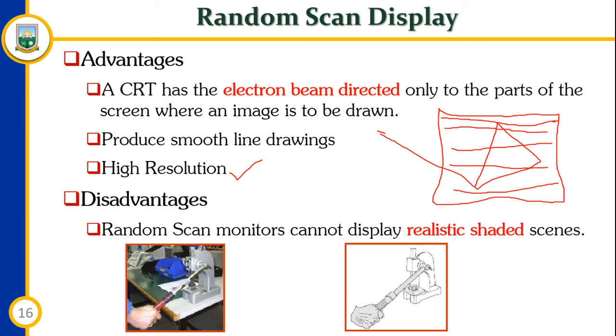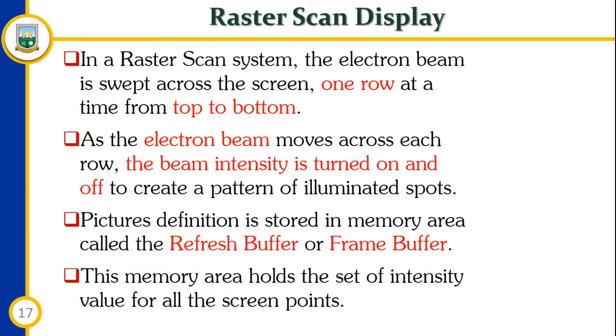Now let's move on to the next one, which is the raster scan display. It's a little different from the random scan. In the raster scan display, we have the electron beam sweeping across the screen, one row at a time, from the top to the bottom.